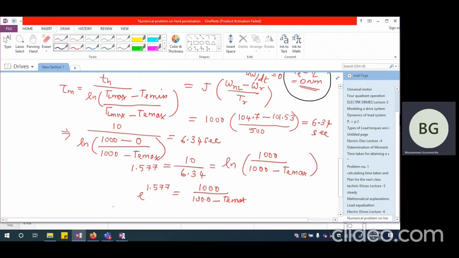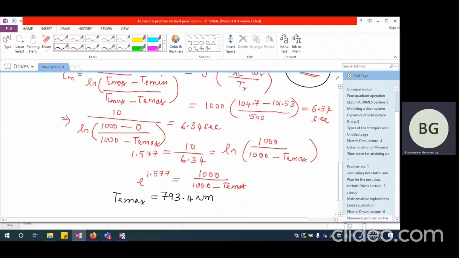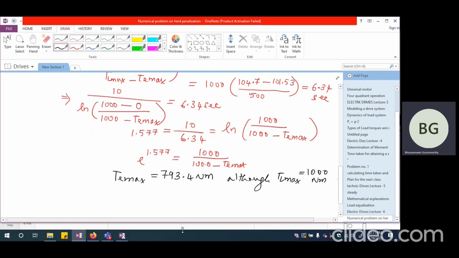TE max comes out to be 793.4 Newton meter, although TL max is equal to 1000 Newton meter. So we should be able to employ a motor whose overall torque developing capability is less than this 1000 Newton meter. Naturally we will be able to save on the cost of the motor.